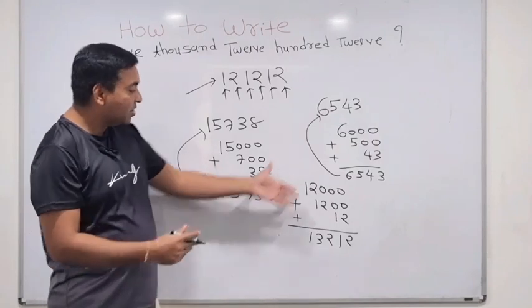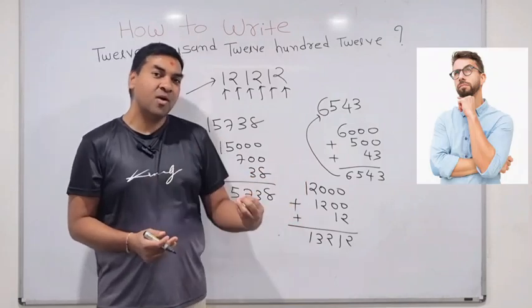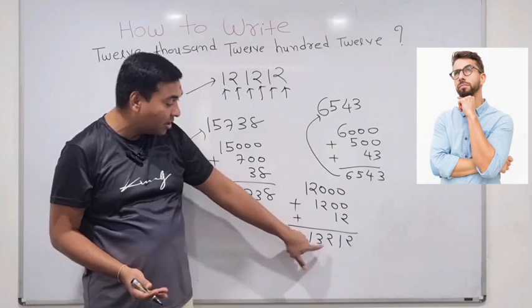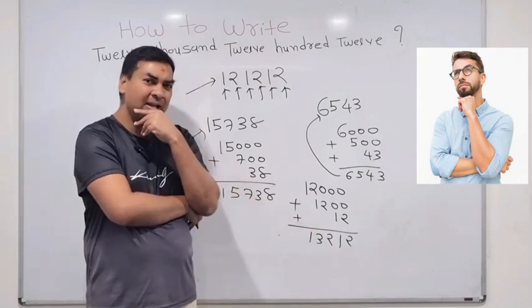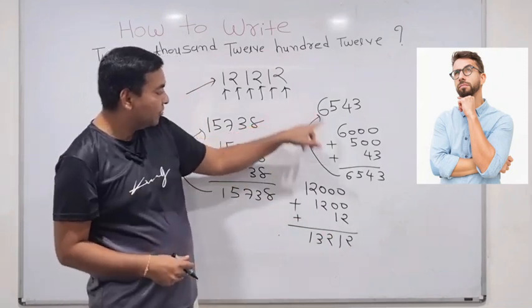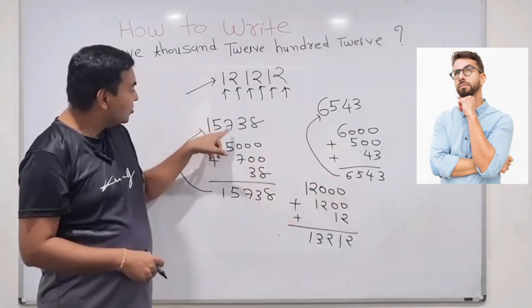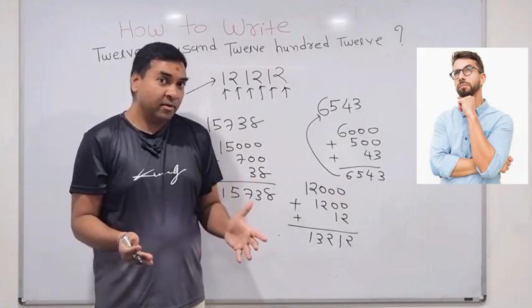So whenever I was just trying to add up, I'm not getting 12,1212. Instead of that, I'm getting 13,212. Why is that happening like that? If that was the number 6,543, I was getting it back. The number 15,738, I was getting it back. And that's how it should be.